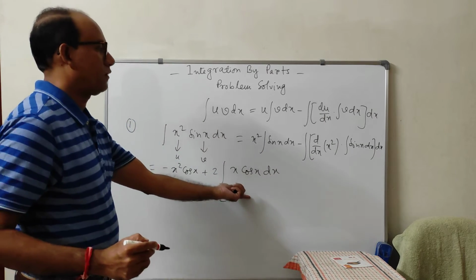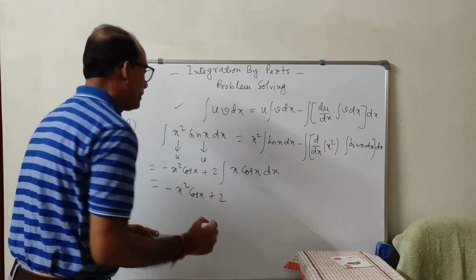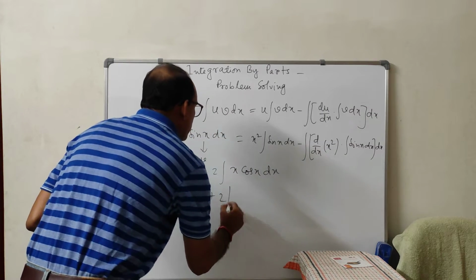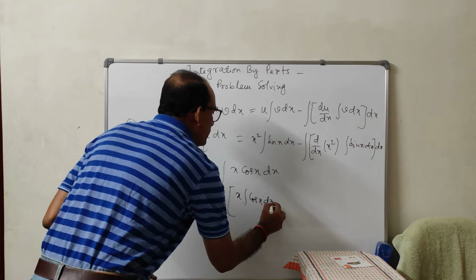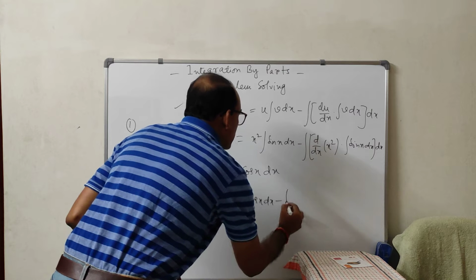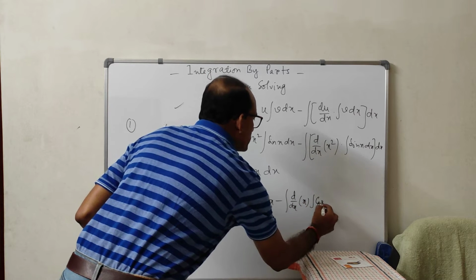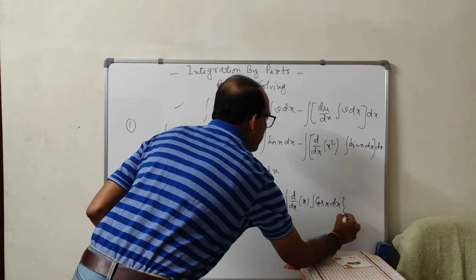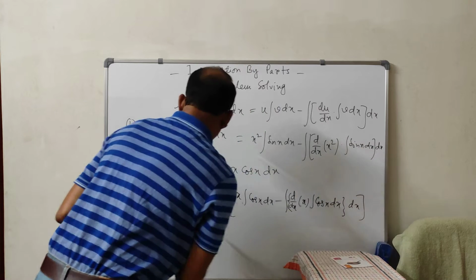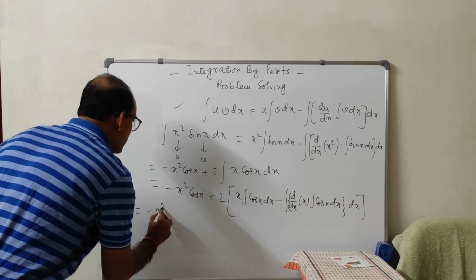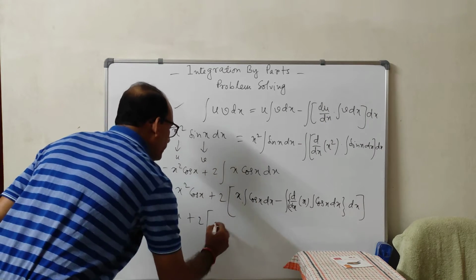Again, you have to use this integration by parts formula: x integration cos x dx minus integration of d/dx of x into integration cos x dx whole dx, equals minus x square cos x plus 2.